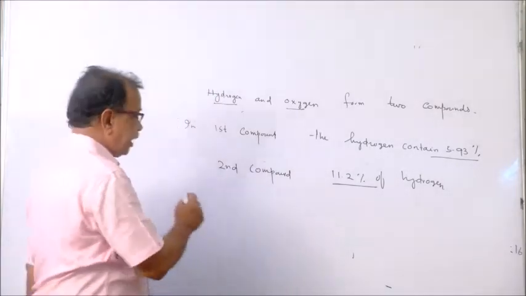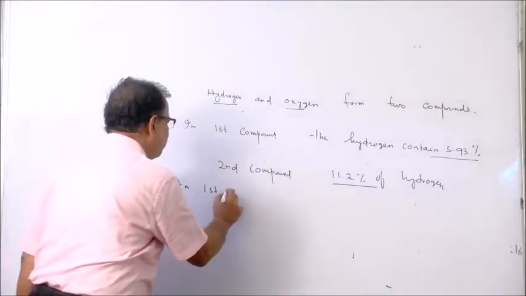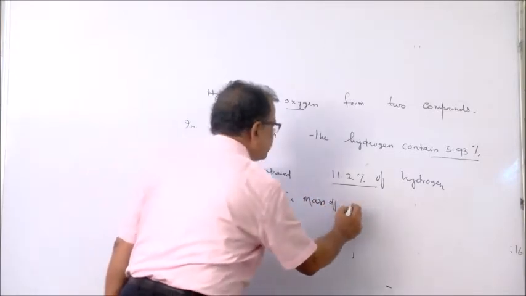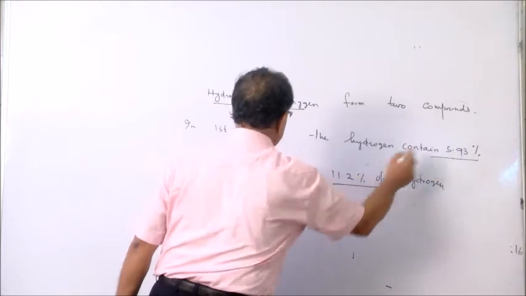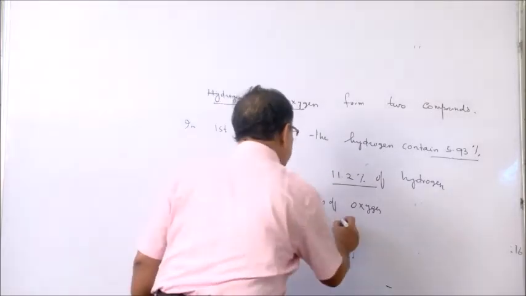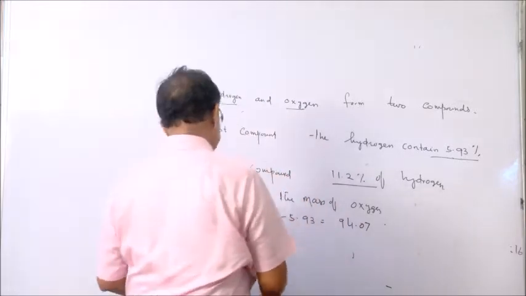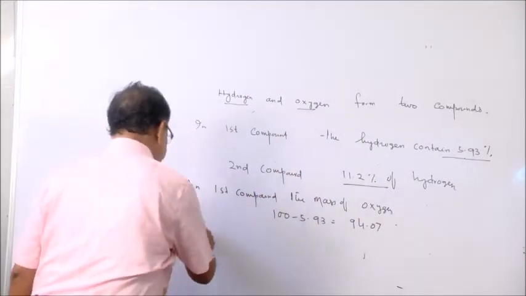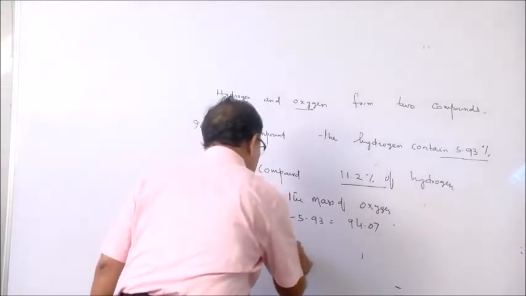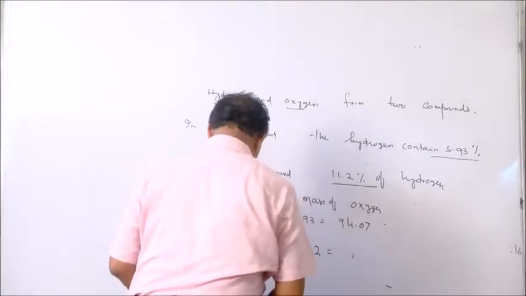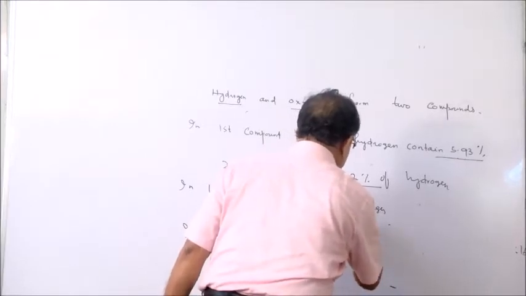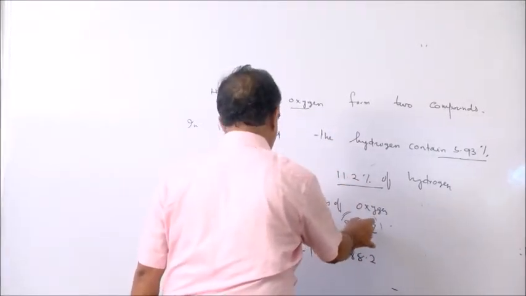So in the first compound, the mass of oxygen will be 100 minus 5.93, which is 94.07%. For the second compound it will be 100 minus 11.2, that is 88.8. So oxygen is 94.07 gram and hydrogen 5.93.